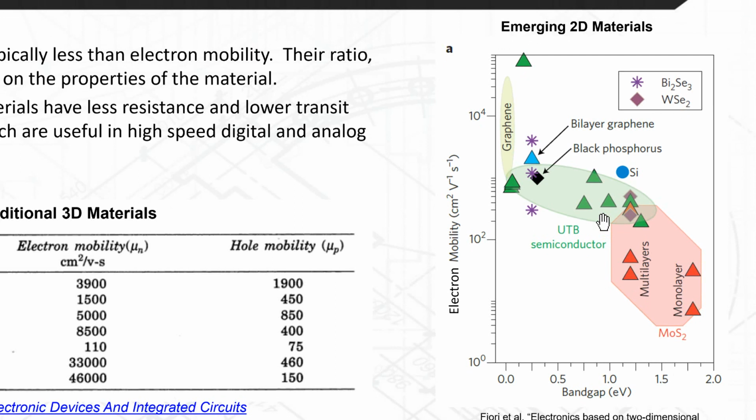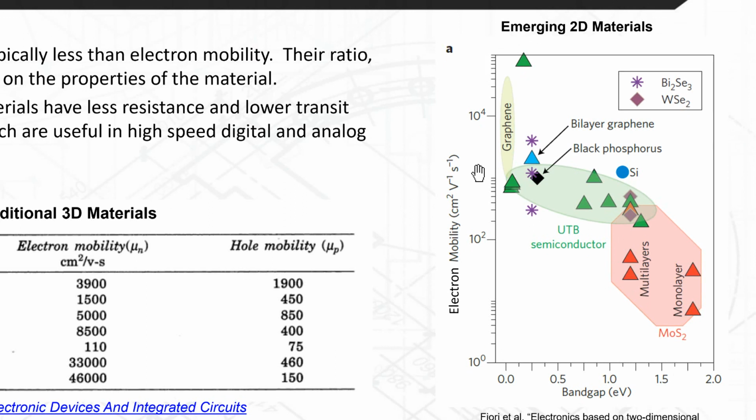You're going to consider cost, mobility, and the band gap. Band gap is important because it gives you the semiconductor-like properties. You can create an N-type and P-type material and control the conductivity that way. The mobility is important because that's how fast the electrons can move through your material. That determines how resistive or conductive a material is.